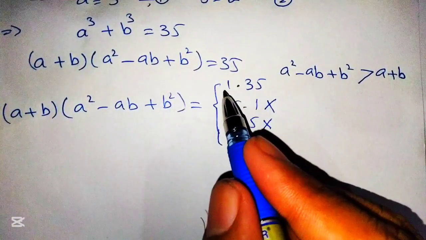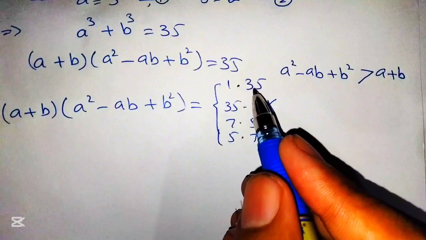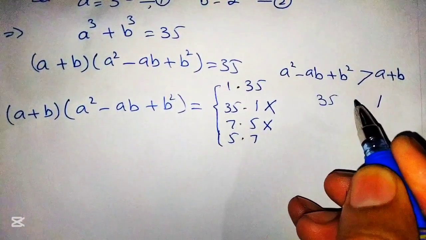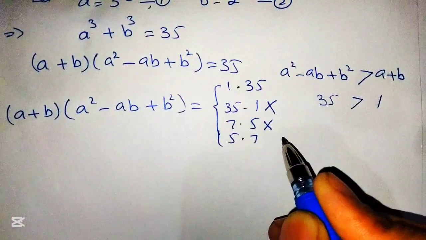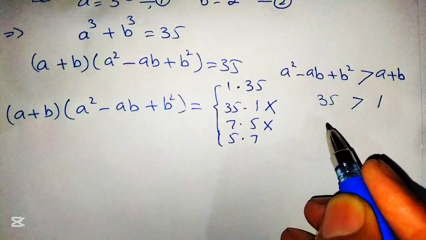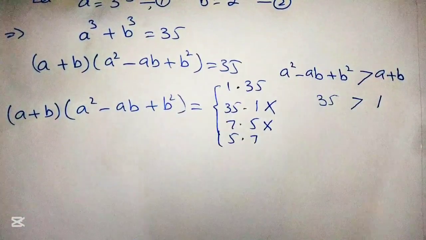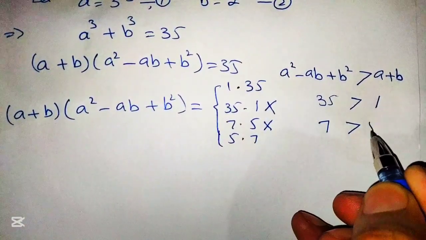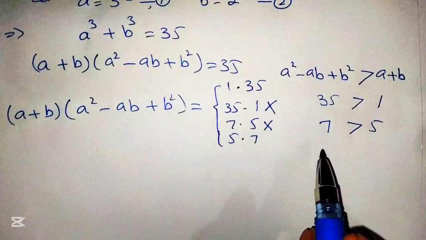So the two factors which are possible are 1 into 35, and from here 7 and 5, these are the two possible values.